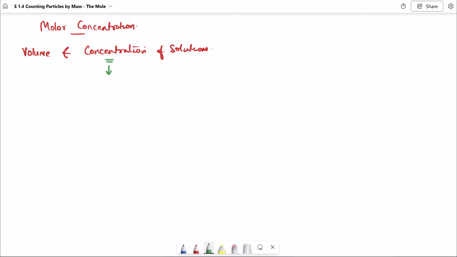So you can say the amount of solute dissolved in a solvent to make a solution of 1 dm cube, right?